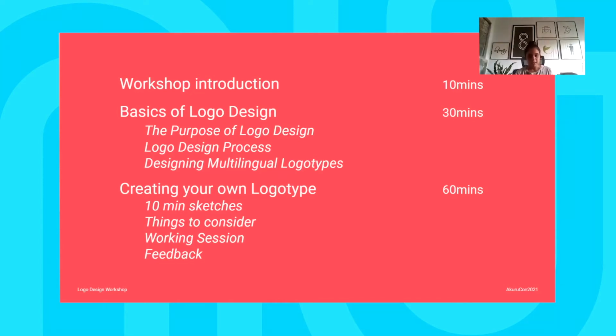Then we will explain a few do's and don'ts, not hard and fast rules, but a few things to consider when you're designing a multilingual logo. Based on that, you can either refine your sketch and continue to develop it. Then based on your designs, we will be giving you feedback. And with a Q&A session, we will end the workshop.